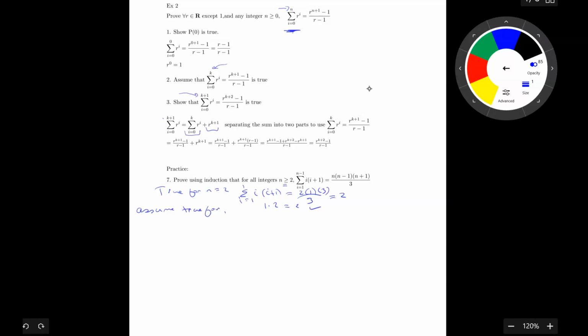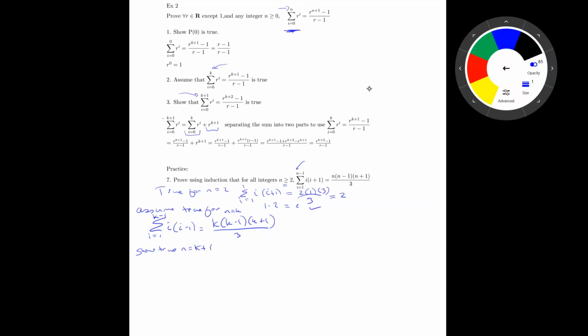Now I'm assuming true for n equal k. So I'm just going to write it here. I'm putting in k right there, so it goes i equal 1 to k minus 1, i times i plus 1 equals k minus 1, k plus 1, all over 3. Now I need to show true for n equal k plus 1.